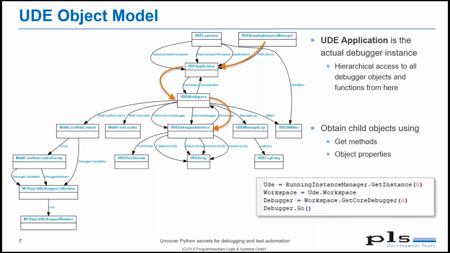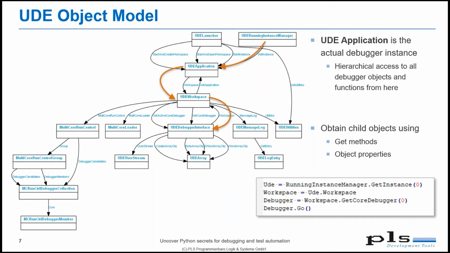So with that small 4-line Python code, you can retrieve the debugger object to start the application on your target. We get access to an already running UDE by using the running instance manager in that case. That means we ask it for the first available UDE application object. Once we have access to the UDE application object, we retrieve the debugger workspace object, which handles the debugger session.